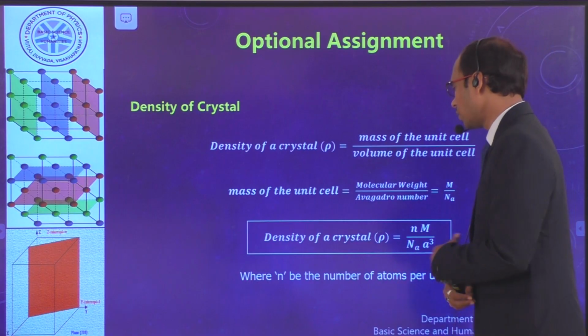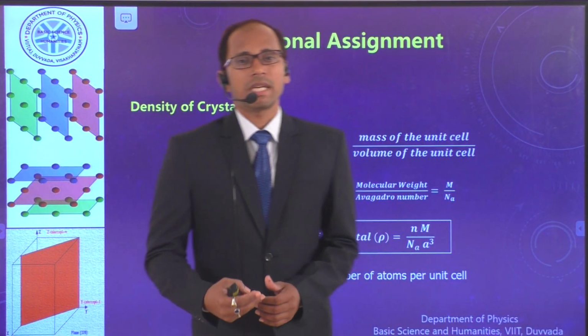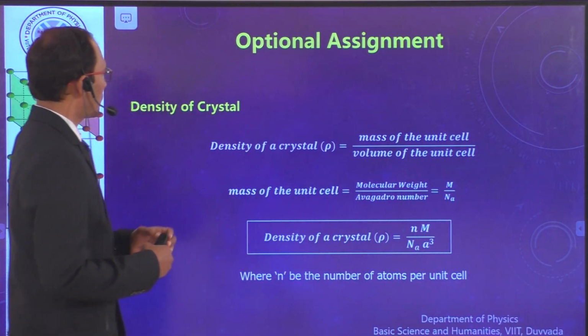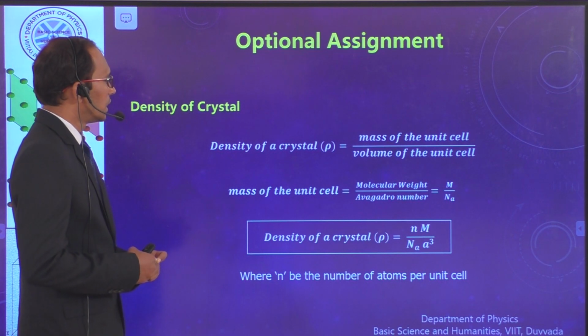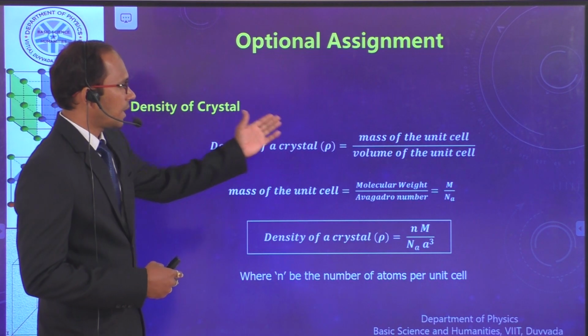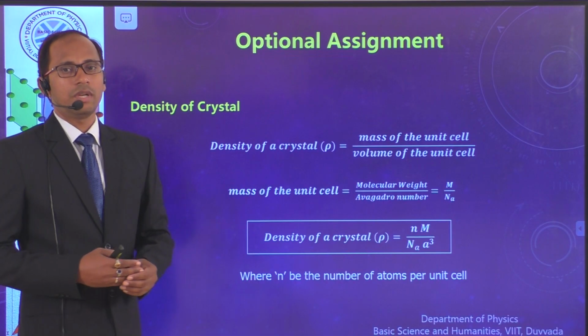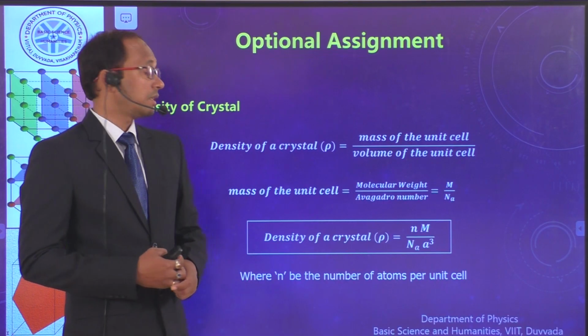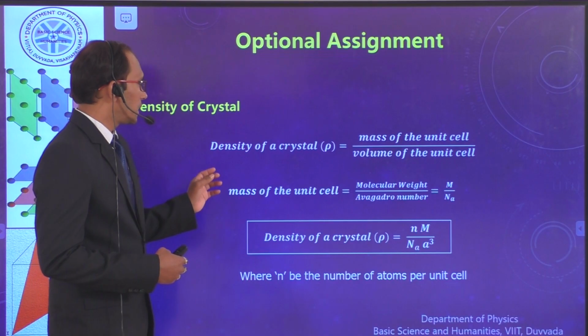I am trying to recollect the density of a crystal. The formula for the density of a crystal is the mass of the unit cell divided by the volume of the unit cell. Of course many of you have done this; those who have not, just follow this.